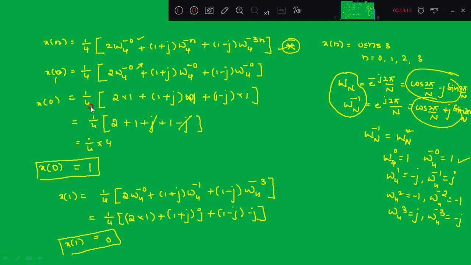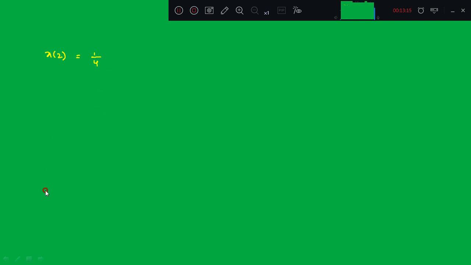So x of 2 is equal to 1 by 4 multiplied by 2 into w4 raised to minus 0 plus 1 plus j, w4 raised to minus 2 into minus 1 into n, so n is equal to 2, so this becomes what?